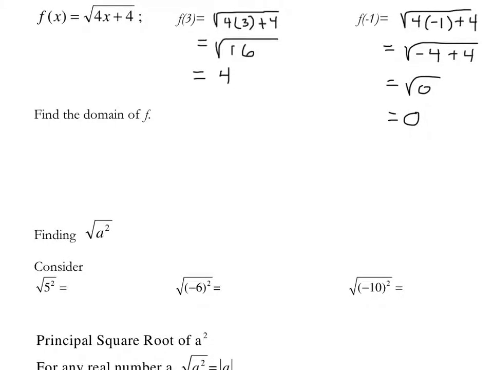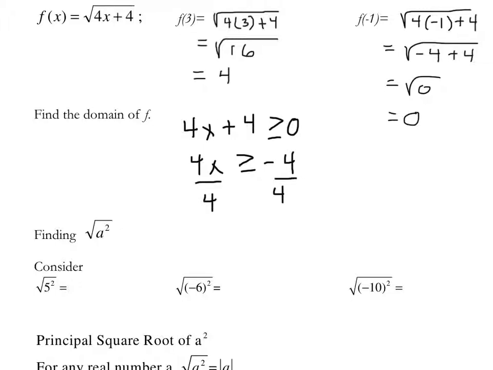In this case, what we're taking the square root of is 4x plus 4, so it has to be greater than or equal to 0. That means 4x is greater than or equal to negative 4. Divide both sides by 4, and we get x is greater than or equal to negative 1. That's our domain.